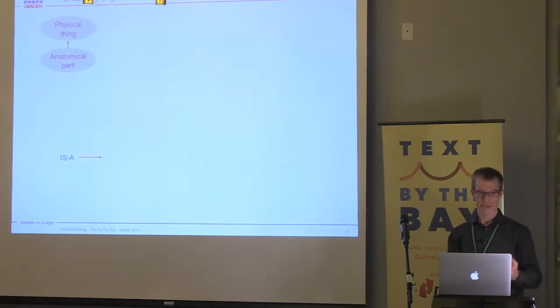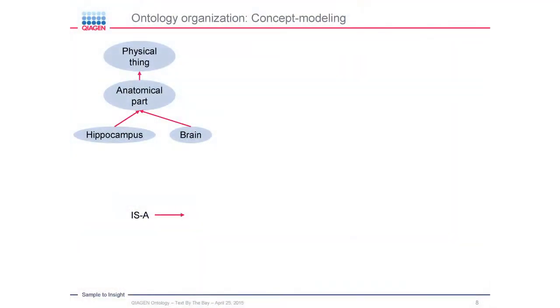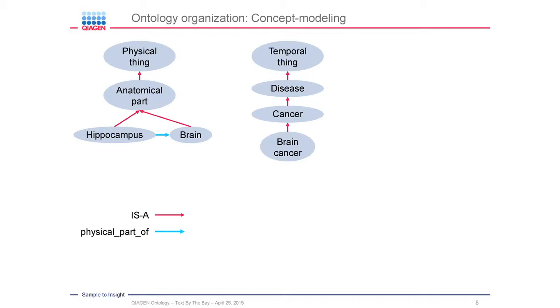So these red arrows will be is-a. Moving down to something more specific, we have the hippocampus, and we might also have the brain. Those are both anatomical parts. They also, as you might know, have another kind of relationship. The hippocampus is also a part of the brain. So we would denote that as a physical part of relationship.